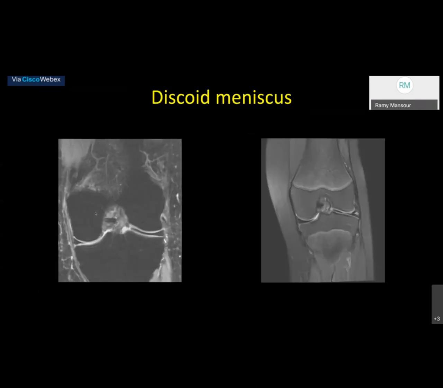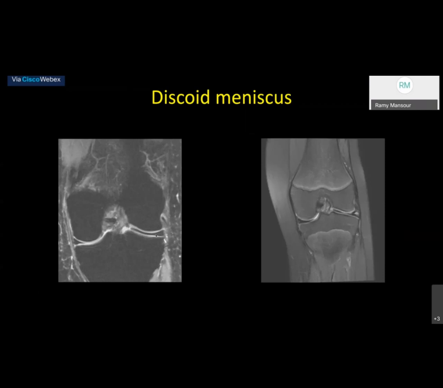and if there is any meniscal tear, because a meniscal cyst has to be associated with a horizontal or complex meniscal tear. One of the anatomical variants of the meniscus is what we call discoid meniscus. It is called discoid because the whole meniscal substance covers the tibial condyle. A normal meniscus does not cover most of the condyle, only the peripheral aspect of it. But when it covers the whole condyle, like in this patient, it is called discoid meniscus.